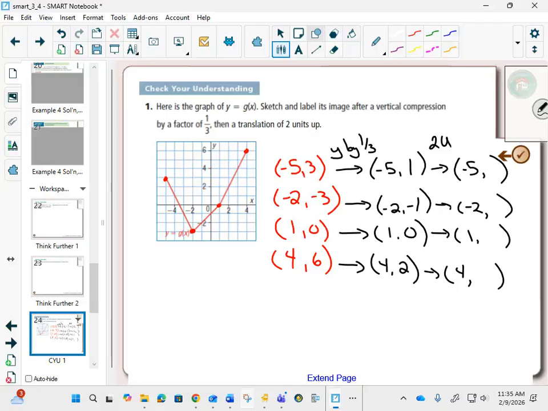And 2 up, this will be 3, this will be 1, this will be 2, this will be 4.